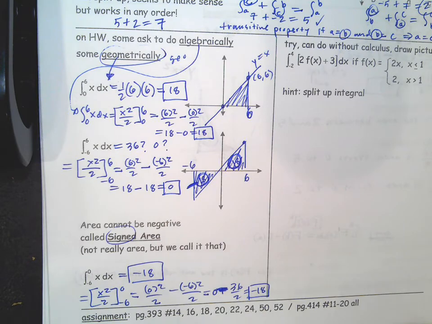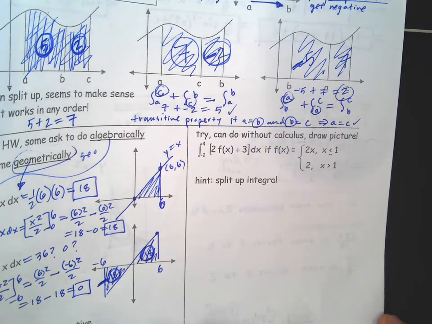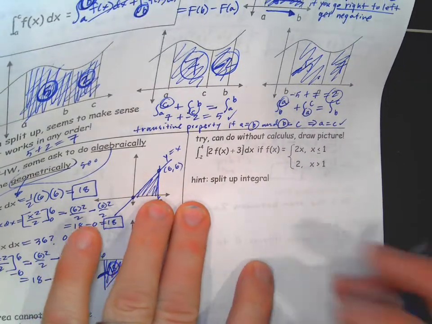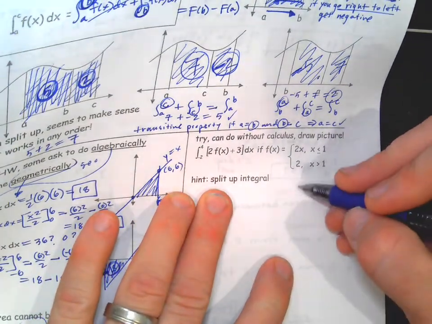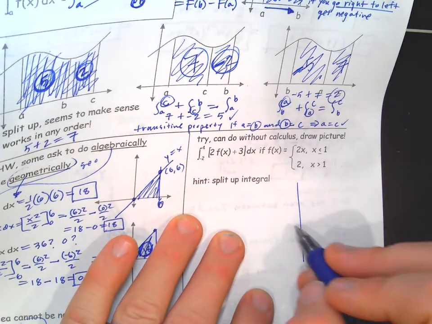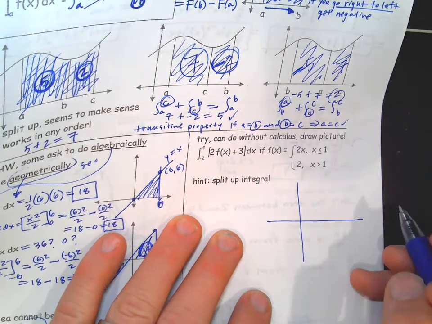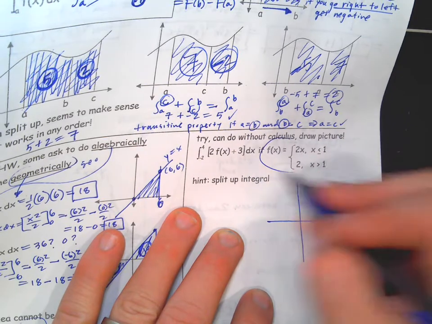All right, last problem. And I guarantee you I'm going to give you a problem like this in your next test, and people are going to really struggle on it, which I think is kind of a nice, easy problem. Now, we could draw a picture. This is a piecewise graph. It's a piecewise function.